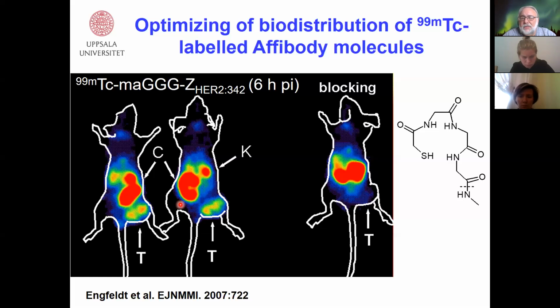So we need to do something about it. In mice, 24 hours after injection, this activity was gone. I doubt that it would happen in humans, and 24 hours is not a good time point for technetium.